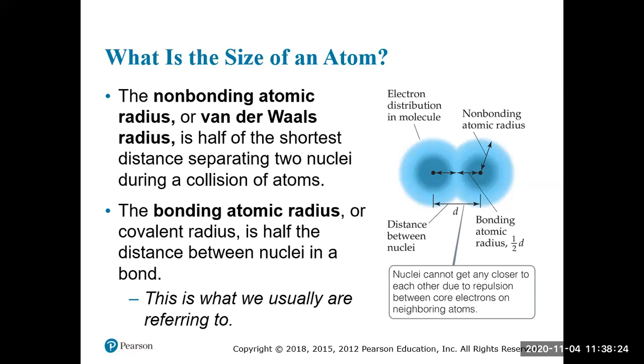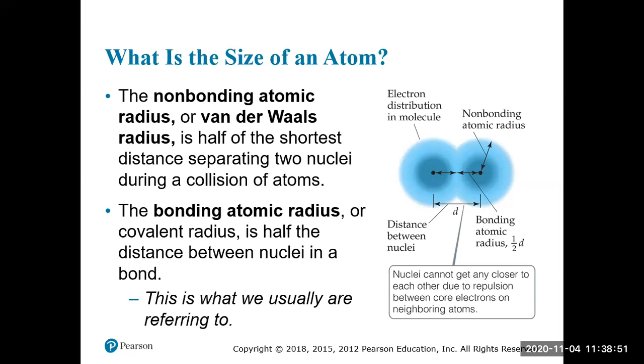So the nuclei can't get closer than what we see in that bonding atomic radius situation because of that repulsion of core electrons on the neighboring atoms. So when we talk bonding, and we'll learn more about this as we go on, we're usually talking about interactions of those valence electrons.